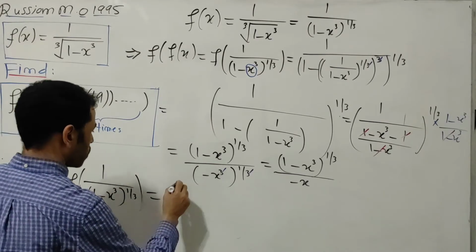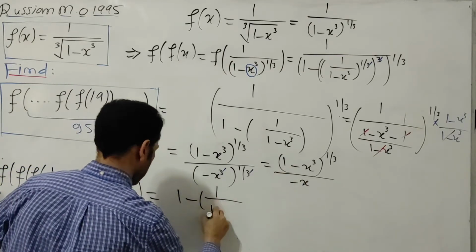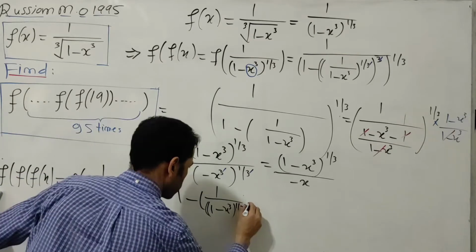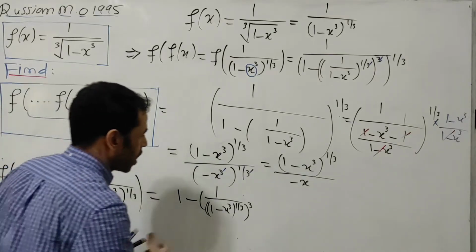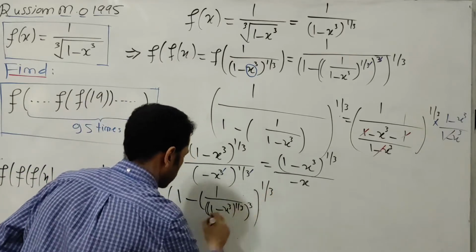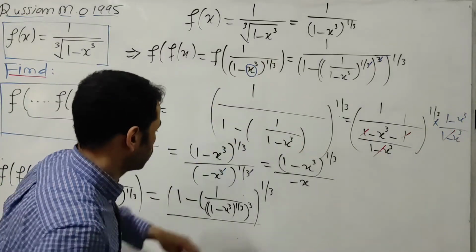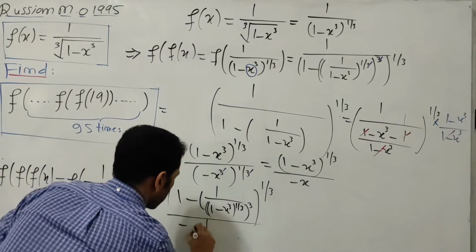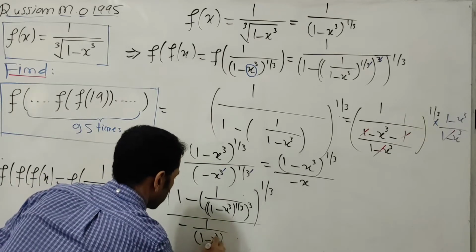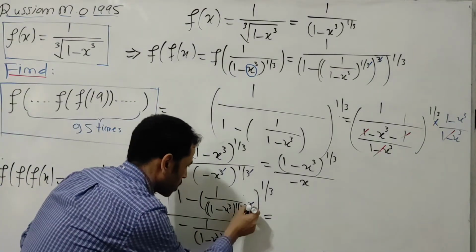This is giving me 1 minus (1 over (1 minus x cubed) to the 1 over 3) raised to the 3, because I'm just replacing x with this one, all raised to the 1 over 3. In the denominator I will have minus x, and minus x will be replaced with the function itself. I will have 1 over (1 minus x cubed) to the 1 over 3. Now this exponent will be cancelled out with this exponent.